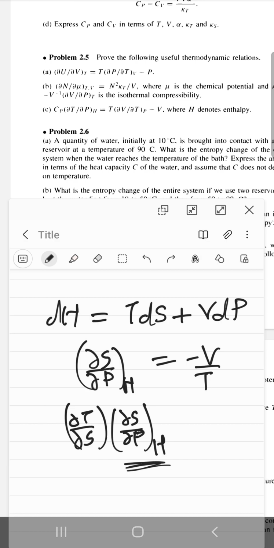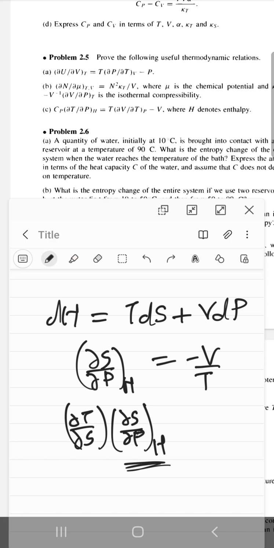So how about I actually try to create a Maxwell's relation for this? Yeah, that's going to be hard. But if I'm able to do this, it will certainly be useful, right? So we want some sort of relation between temperature, pressure, and enthalpy.